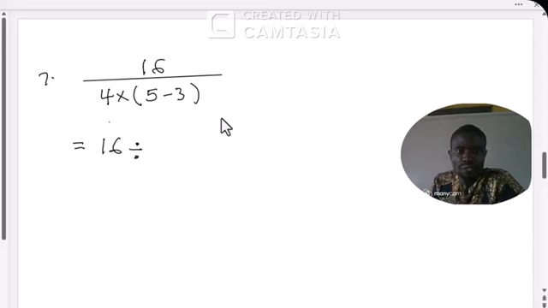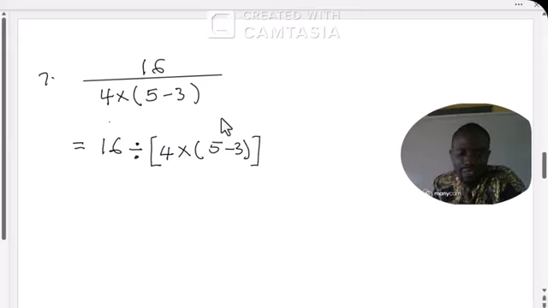Then you use a big bracket because we have one bracket already. So divide by, open big bracket, 4 times this small bracket 5 minus 3, close the small bracket, then the big bracket.